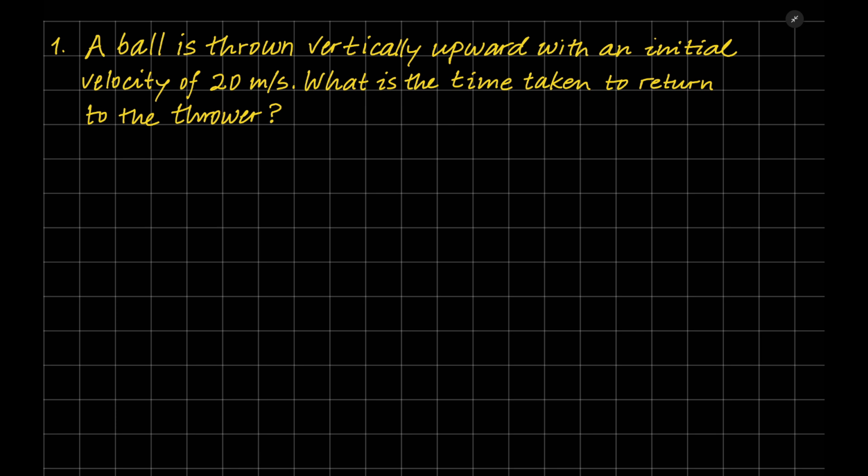Let's draw the diagram of the motion. A ball is thrown vertically upwards at this point.